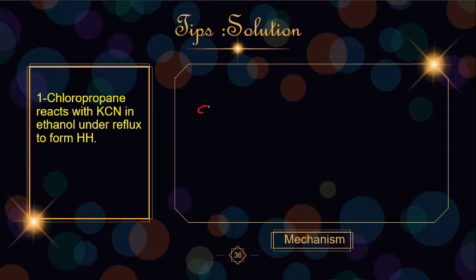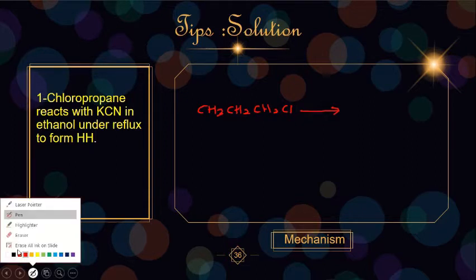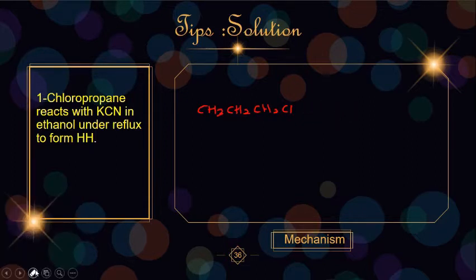So here we take CH3CH2CH2Cl, which is 1-chloropropane, and it reacts with KCN. Let me write it here: CH3CH2CH2Cl plus KCN. It reacts with KCN in ethanol, and then you need to reflux.